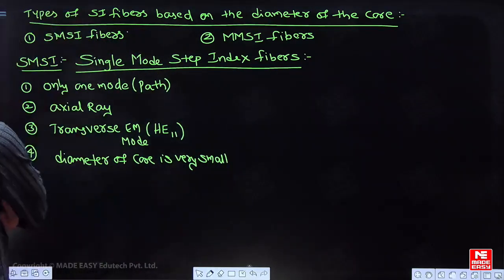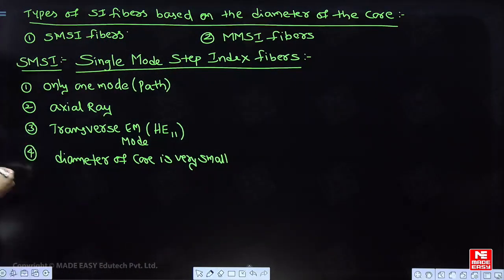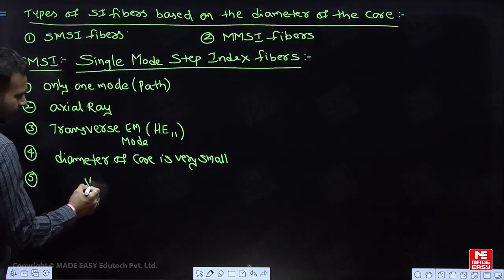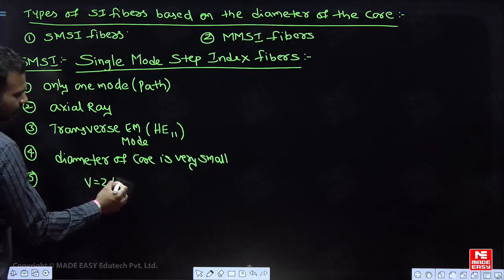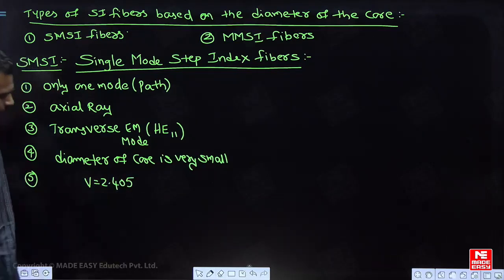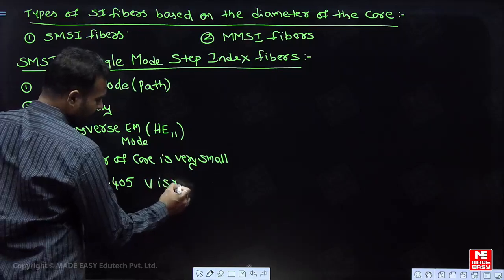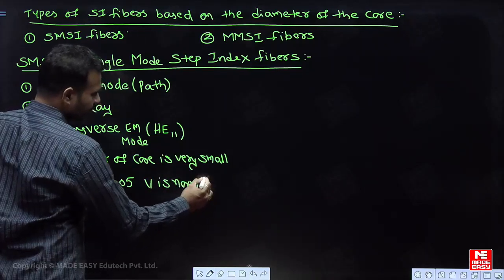Now the next important point: the diameter of the core is very small. Next, for getting the HE11 mode, the value of V is equal to 2.405. What is V? V is called the normalized frequency, also called the V number.